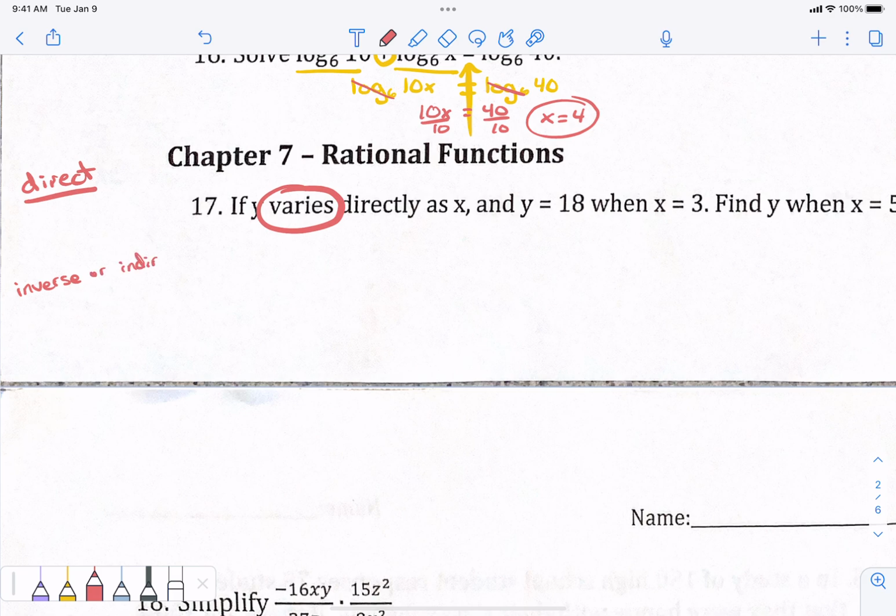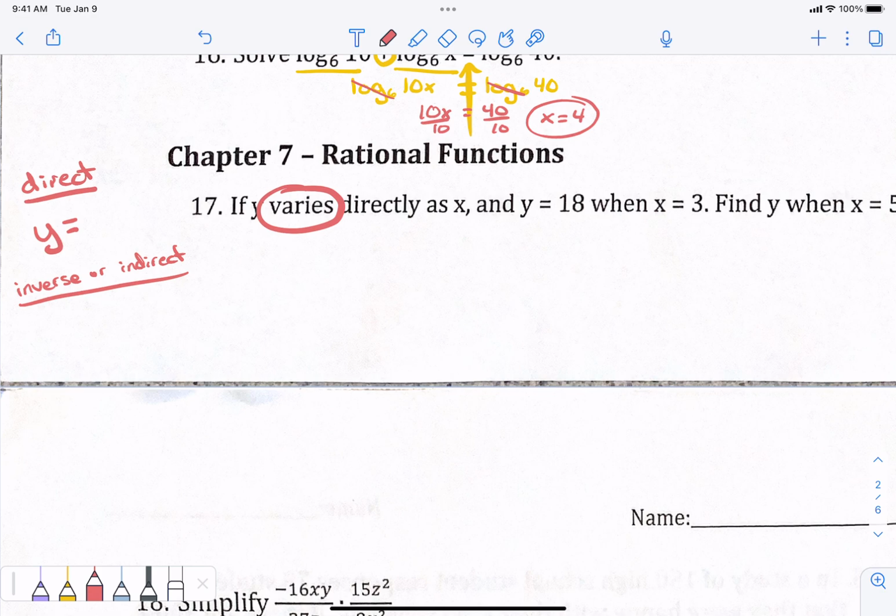Those mean the same thing. If I say y varies directly as x, what does that look like?